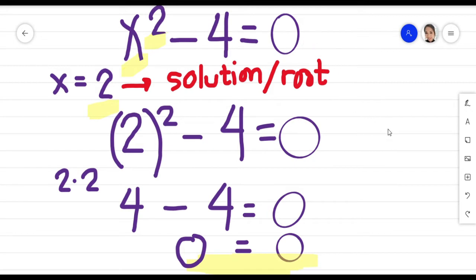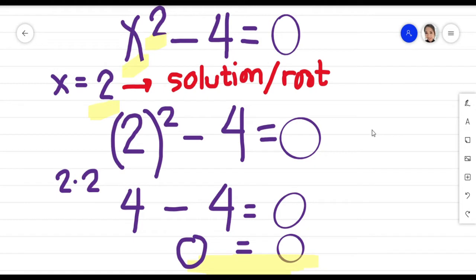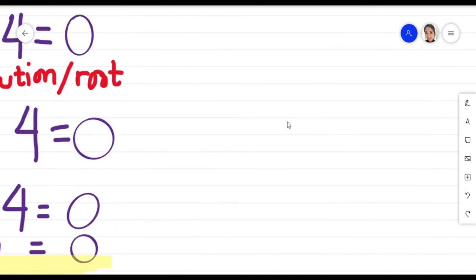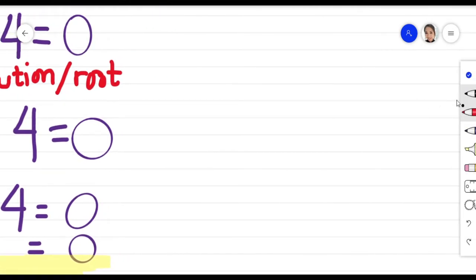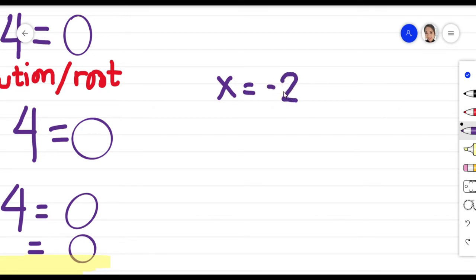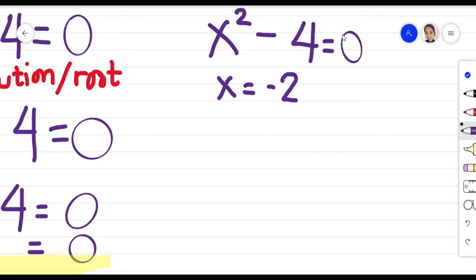So let's try the value of x equals negative 2. Let's see if negative 2 can be a solution to x squared minus 4 equals 0. We will substitute negative 2 to our x here.